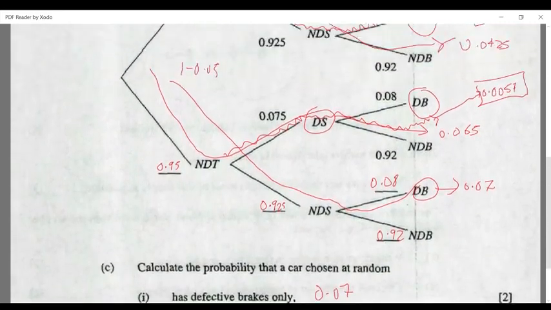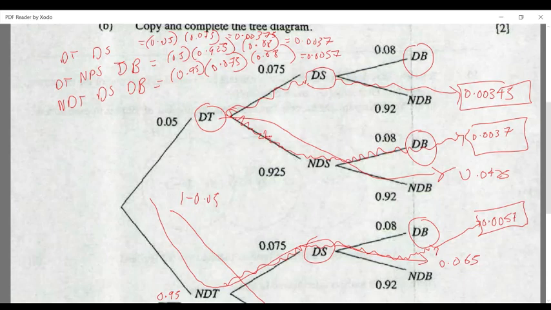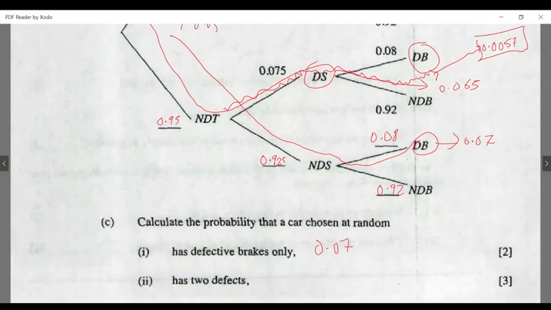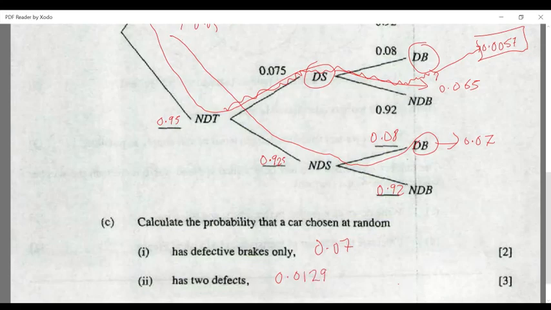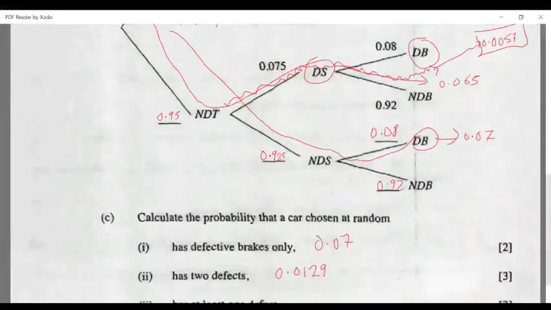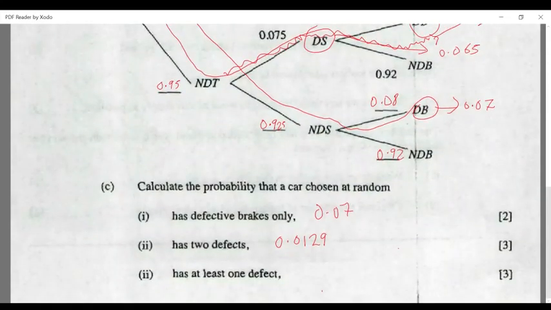So the ones with 2 defects, bear with me for a second while I add these numbers: 0.00345 plus 0.0037 plus 0.0057. So the answer for this is 0.0129. 2 defects. So a little bit of work, but if you follow through carefully, you should get it.